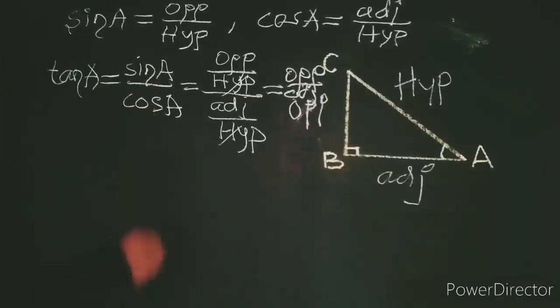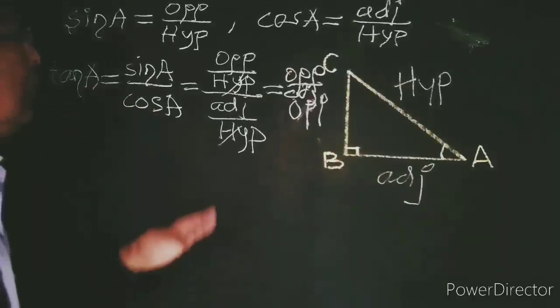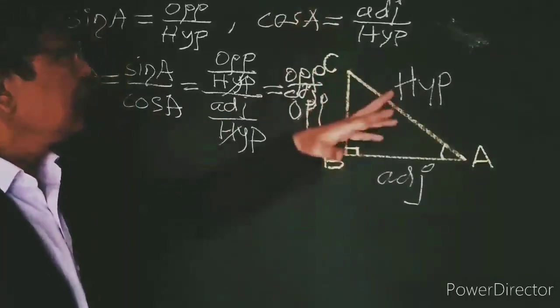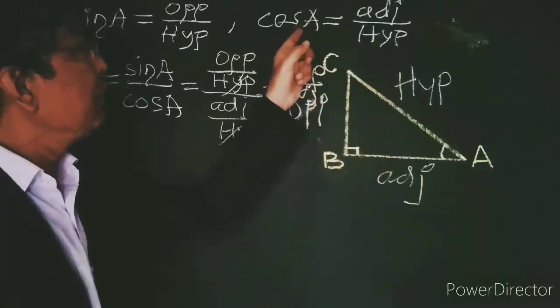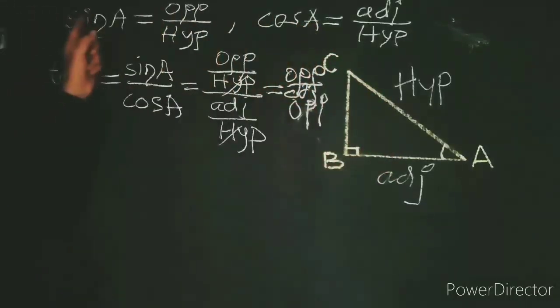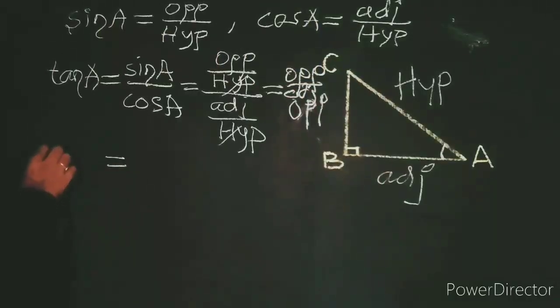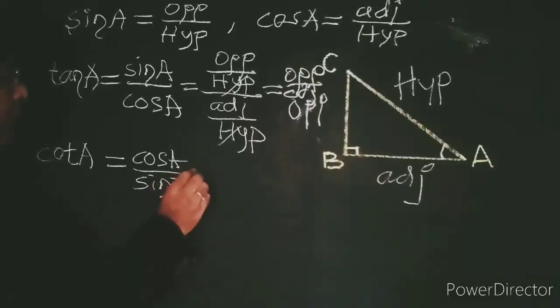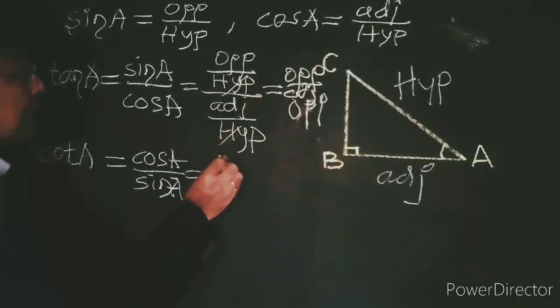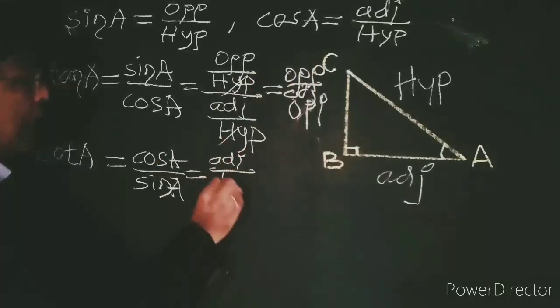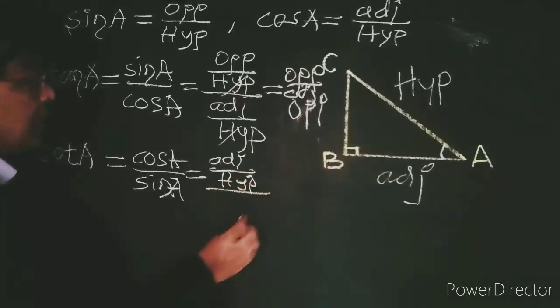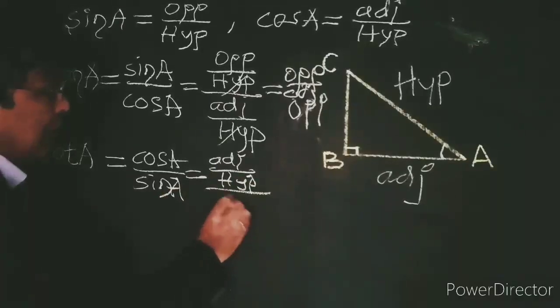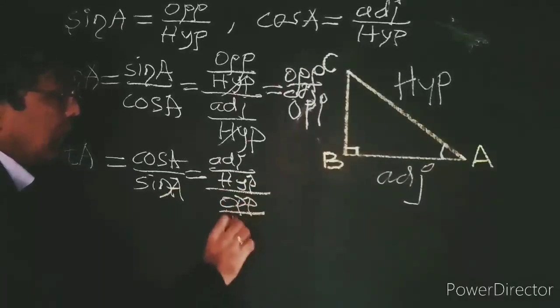Now let us see the fourth ratio, how we can get it. To get the fourth ratio, we have to divide the cos by sine. The fourth ratio is nothing but cot. We have to divide cos A upon sin A. Cos means adjacent side upon hypotenuse, and sin A is nothing but opposite side upon hypotenuse.